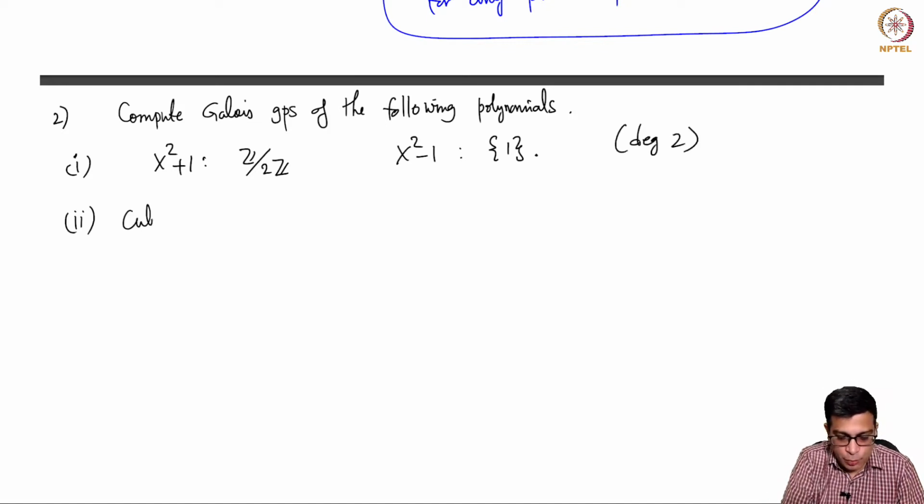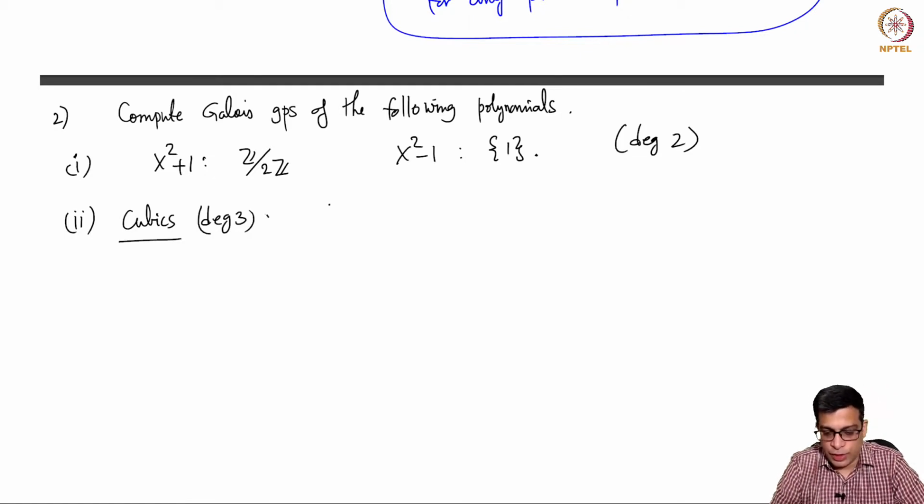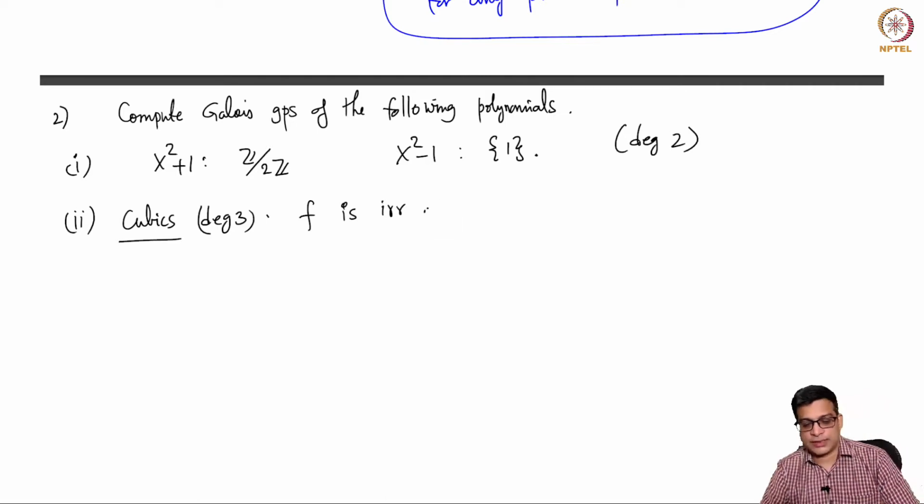Now let's look at cubics, that is degree 3. We assume that f is irreducible. Otherwise, it will be a product of a linear and a degree 2 polynomial, which we have already considered, so there is no reason to look at it again. So we assume f is irreducible.